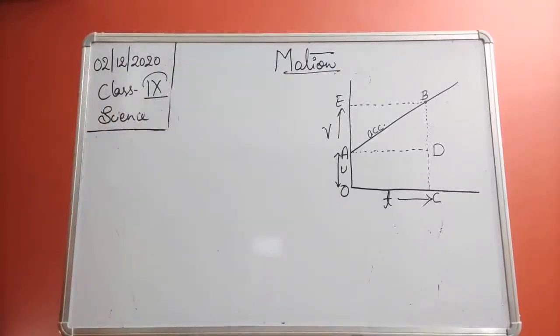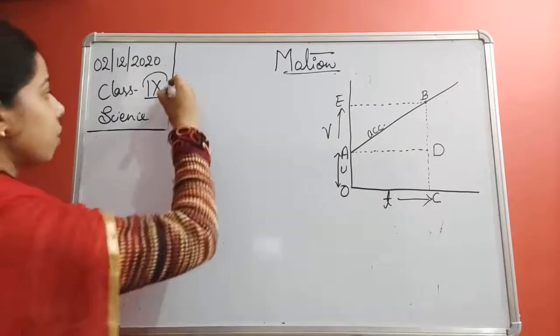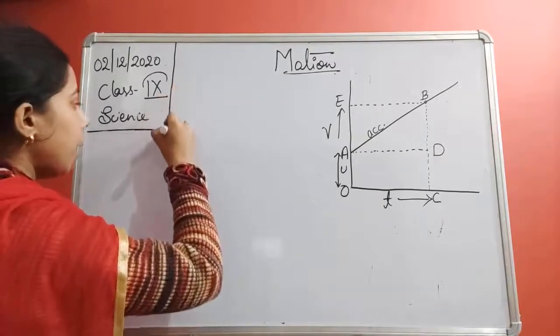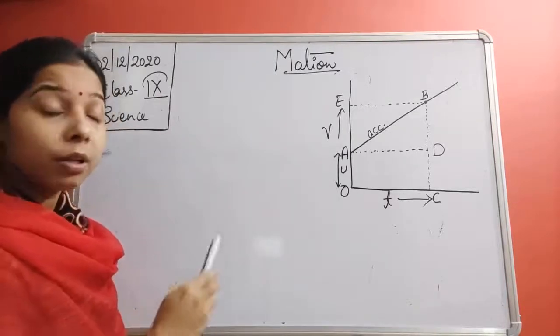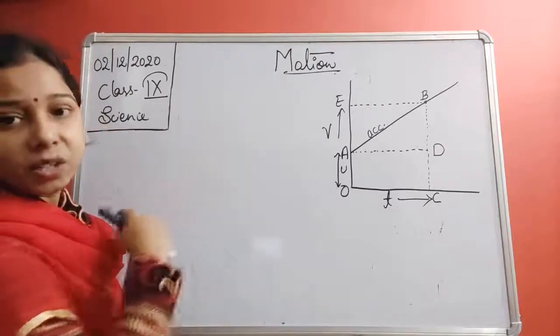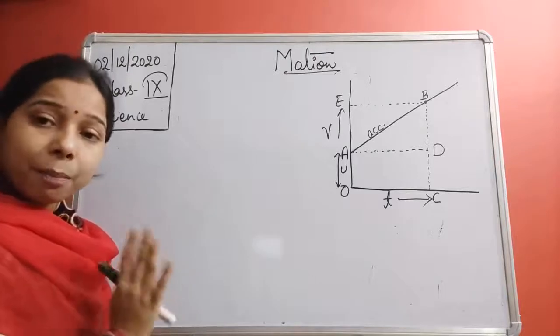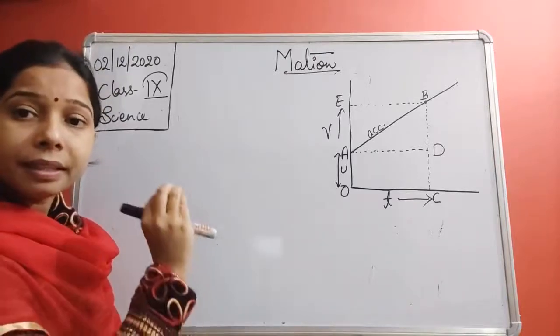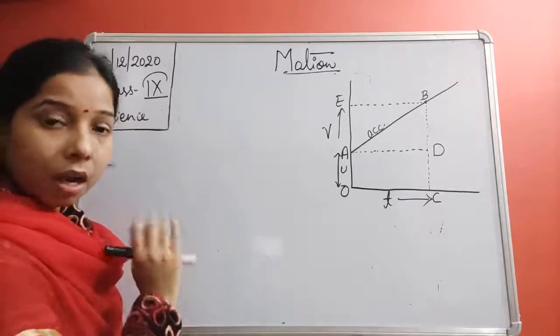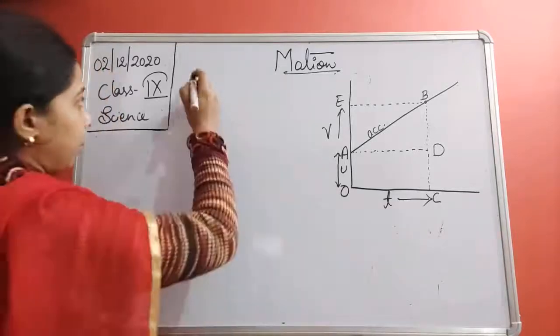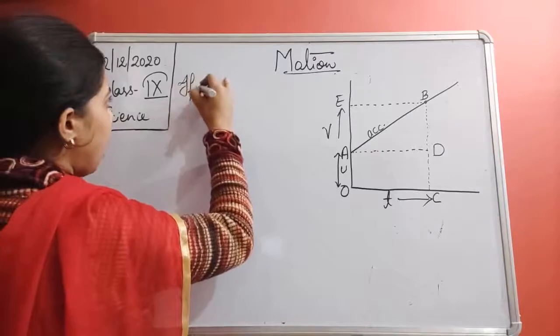Okay. Now, the second equation of motion. In the first equation of motion, we found the acceleration of the body. Now, suppose we have to find the distance traveled by the body.